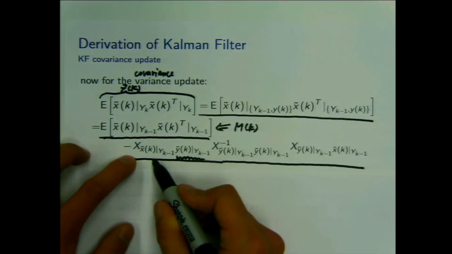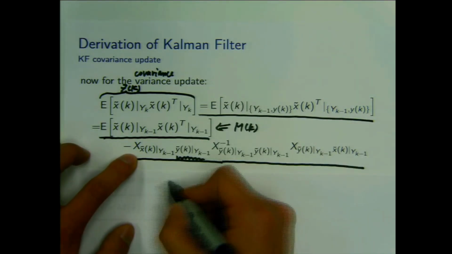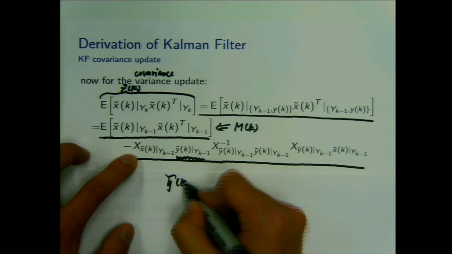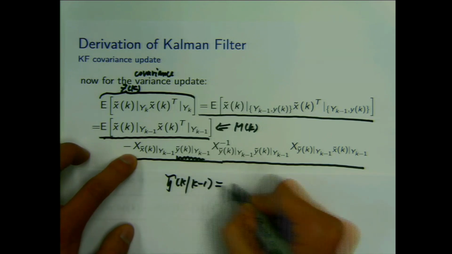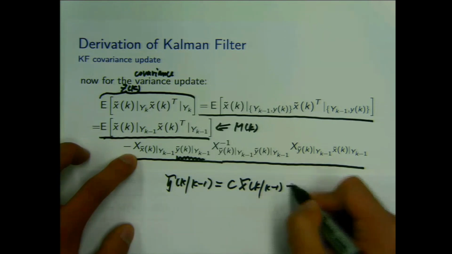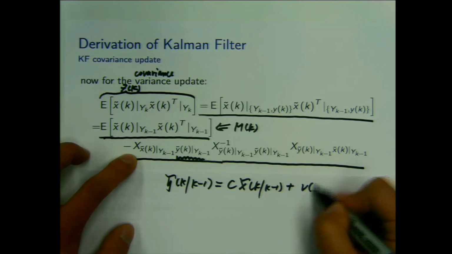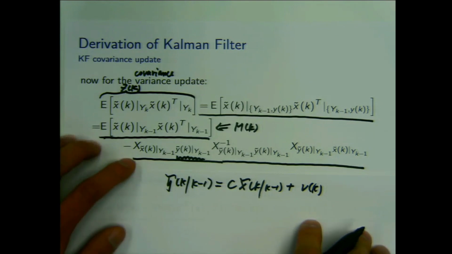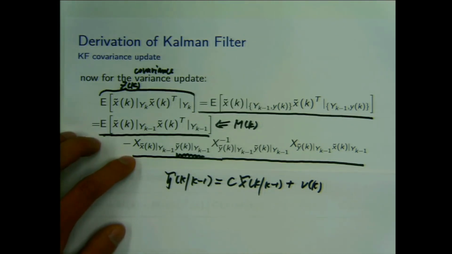What is the first term? If k is c x k plus v k. The first term here. This is as a review and exercise.